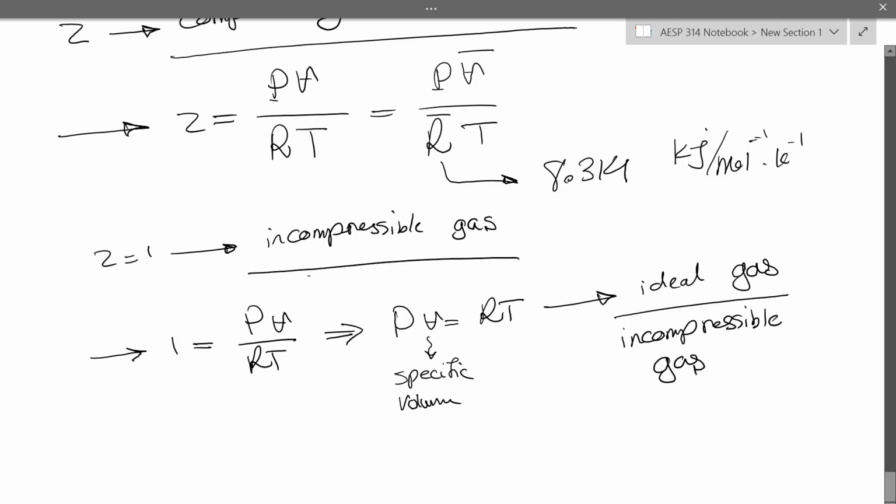And essentially 1 mole contains 1 Avogadro number of molecules, right? And what was the Avogadro number? 6.022 multiplied by 10 to the 23, something like that, right? So as long as you have a bulk of 6.022 times 10 to the 23 molecules present, you have 1 mole of that substance. Okay?